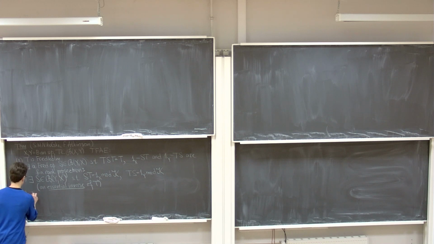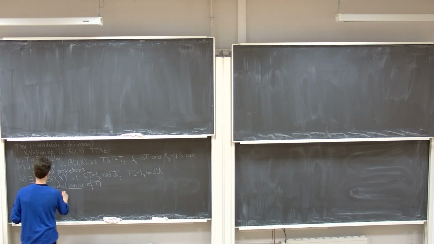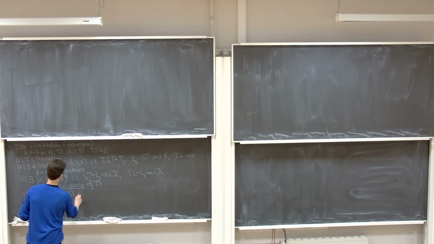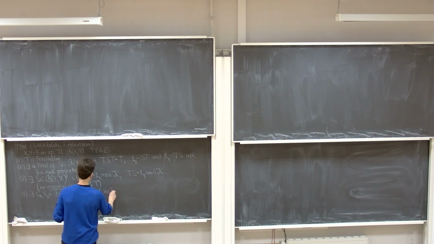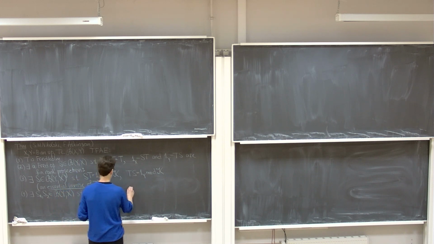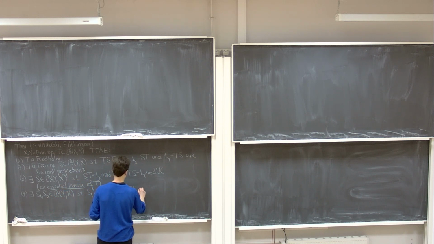There exist two operators, S1 and S2, from Y to X, such that S1T is the identity operator modulo the compact operators, and TS2 is the identity operator modulo the compact operators.